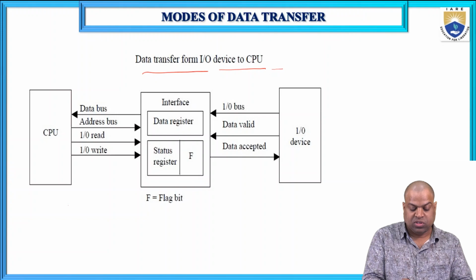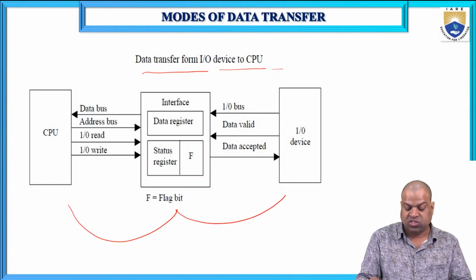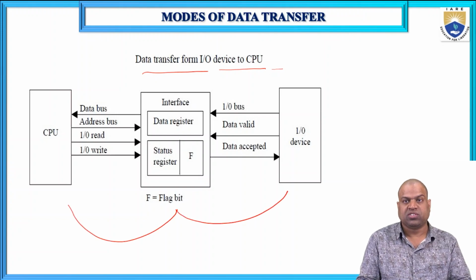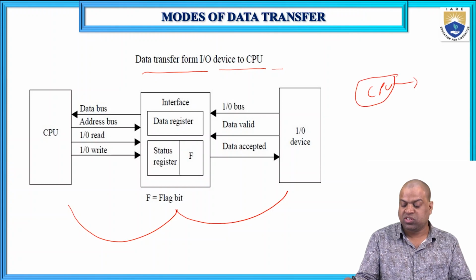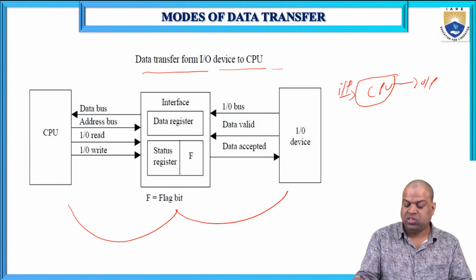So the CPU is connected to the interface and it is connected to the input output devices. Between the CPU and input output, definitely we are connecting interfaces. Suppose the CPU is there and connecting output and input. These output and inputs are called interfaces.